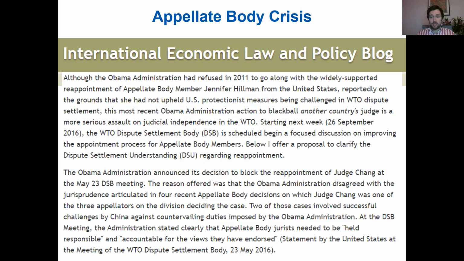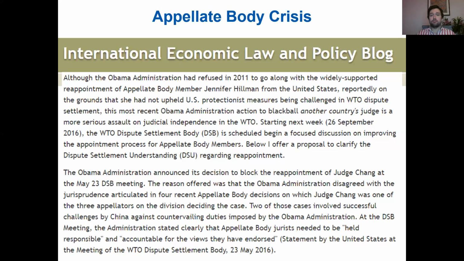And the problem started with the liberal icon President Obama. And President Obama in 2011 first refused to reappoint Jennifer Hillman. She was the member of the appellate body, very respected member of the appellate body, and it was reported that it was because she did not support the protectionist measures by the US government.